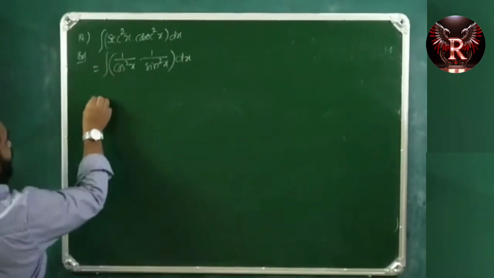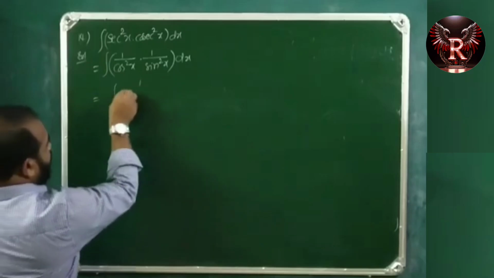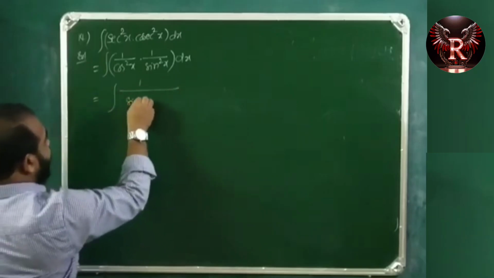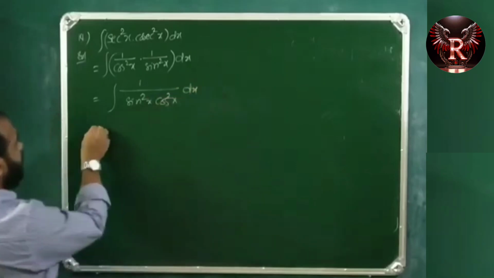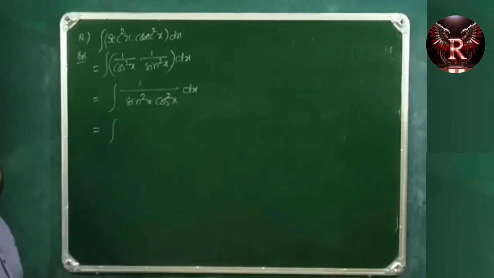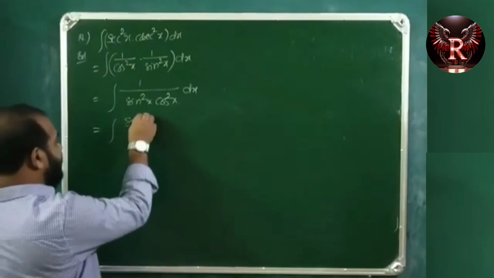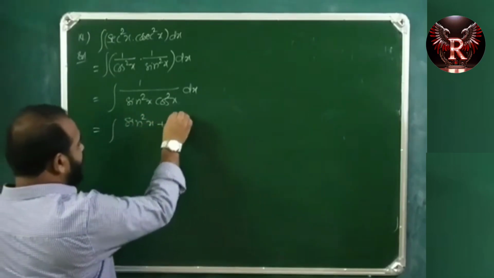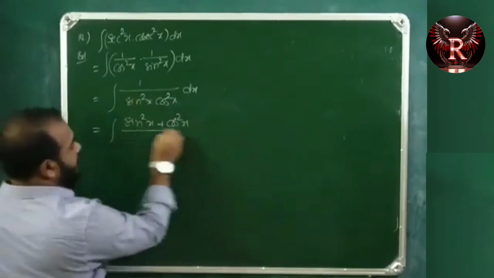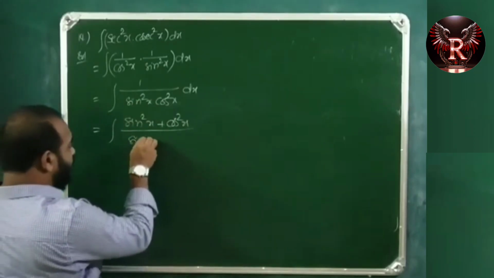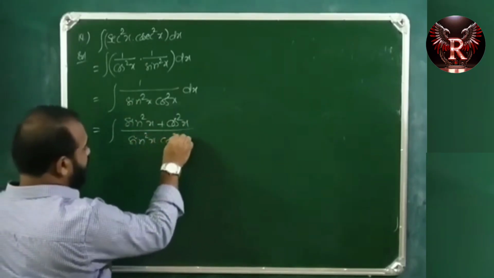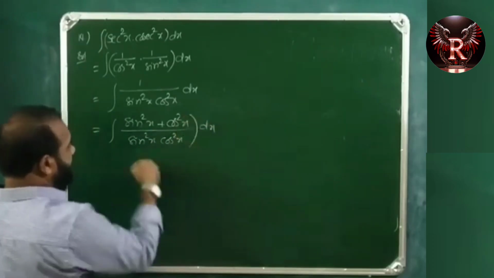So this is equals to 1 by sin square x into cos square x dx. Now 1 can be written as sin square x plus cos square x, which is 1. So in the place of 1 we have written sin square x plus cos square x by sin square x into cos square x dx.